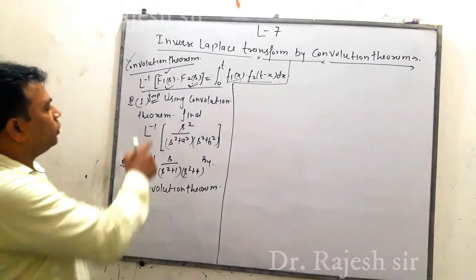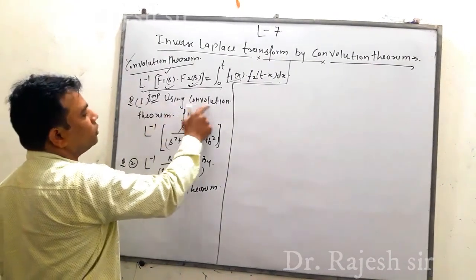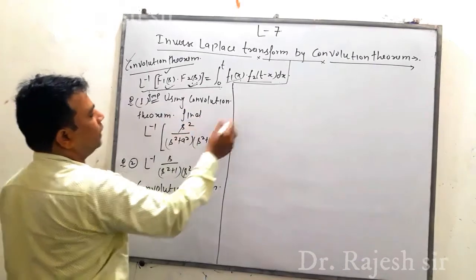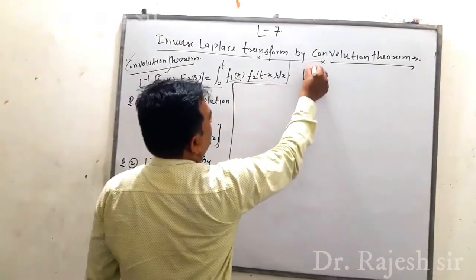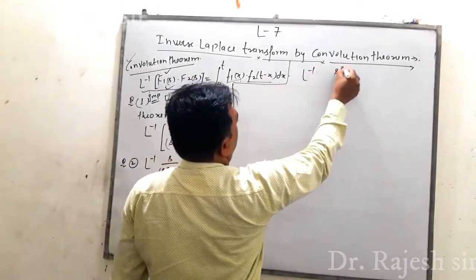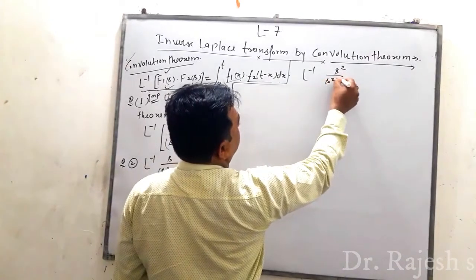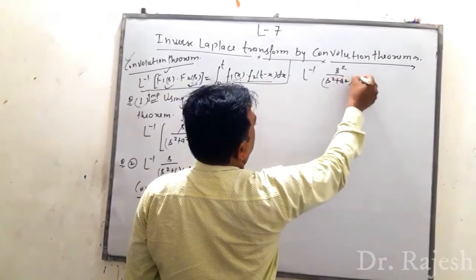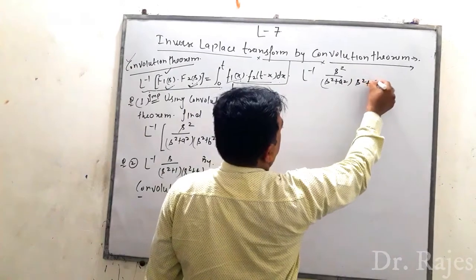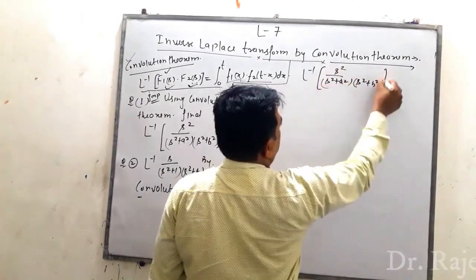Let me start question number one, a most important question. Using the convolution theorem, find the Laplace inverse of s squared upon (s squared plus a squared) and (s squared plus b squared).